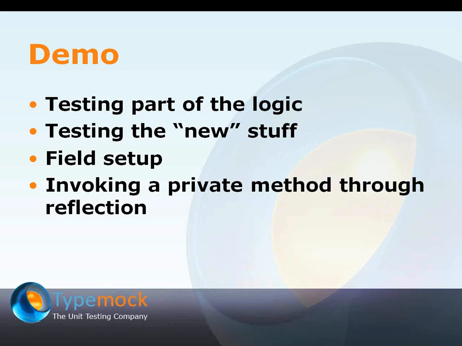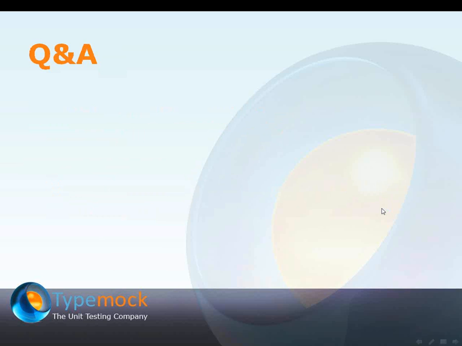We're going to be showing how can we set up fields, if your code requires some fields to be set in a certain way, and we're going to be showing how we can invoke private methods using reflection and using some APIs Isolator provides for this.